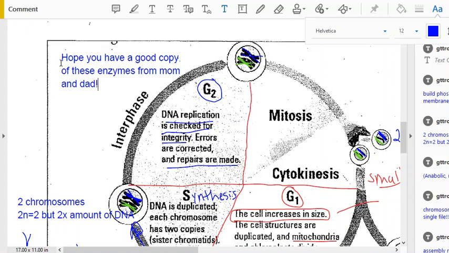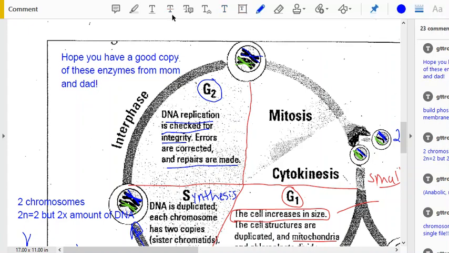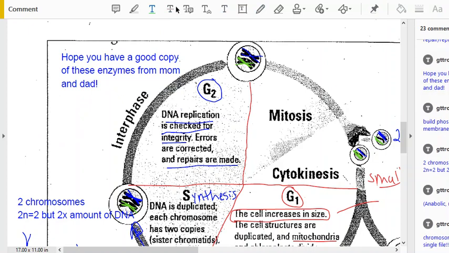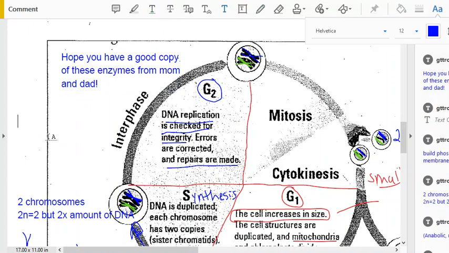because the better they are at finding errors, the less likely you are to actually get cancer. And we're going to talk about the role of cancer here in a second too. These proofreading enzymes are incredibly important. So I'll write that over here. Proofreading enzymes check for mistakes.